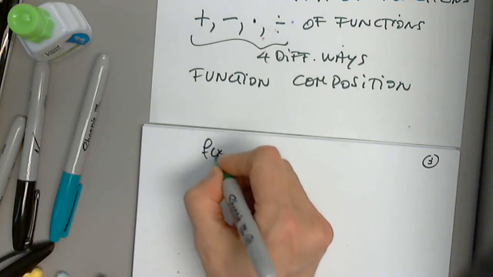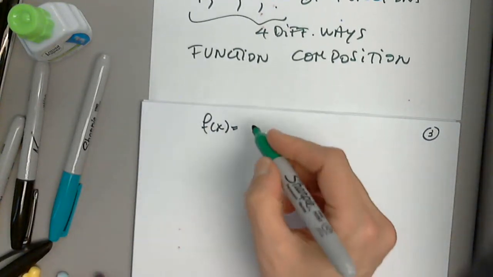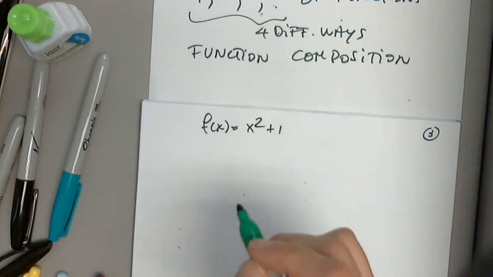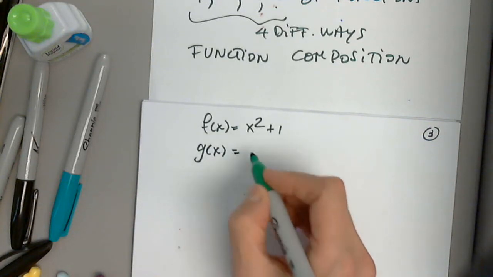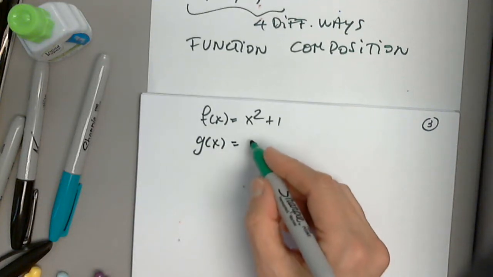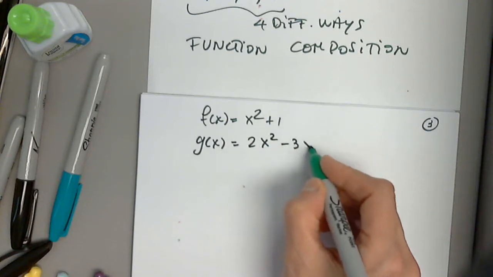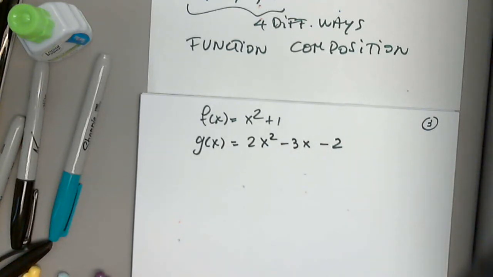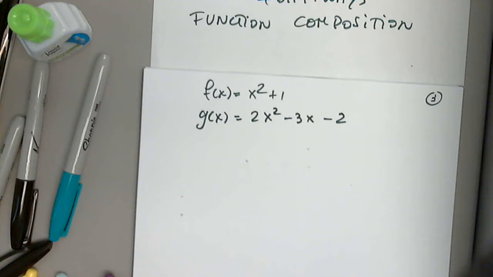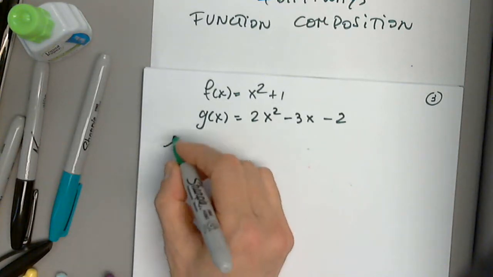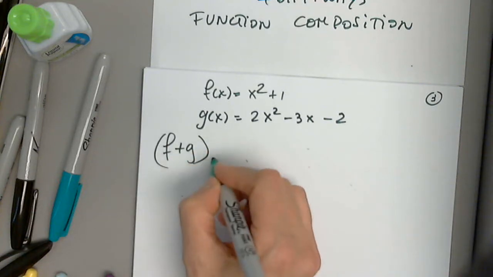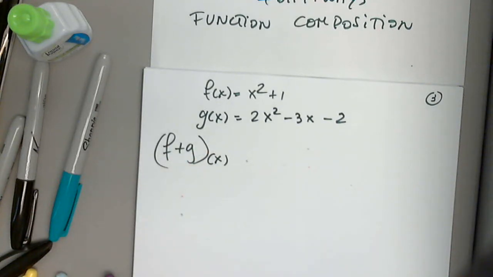So let's say we are given f of x equals x squared plus 1, and g of x, let's say, 2x squared minus 3x minus 2. If someone asks you to find a function named f plus g of x, what does that say to you?